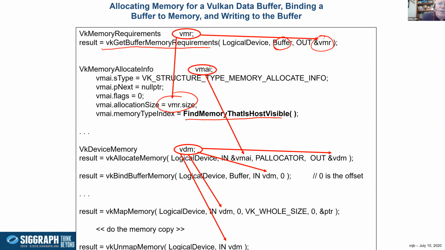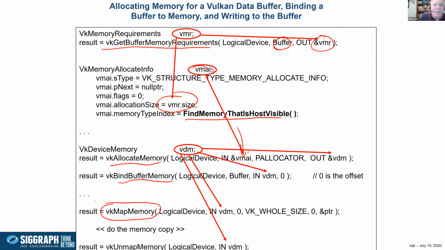Now we have all that information here. That goes into allocate memory. When we've done that, here's how we make that the current buffer. And then if we want to fill it, we call VK map memory.